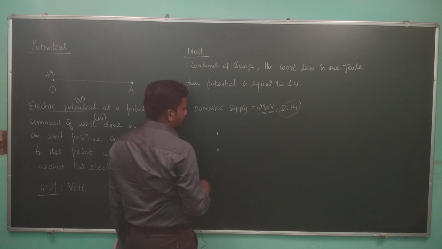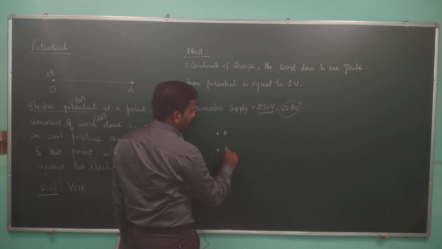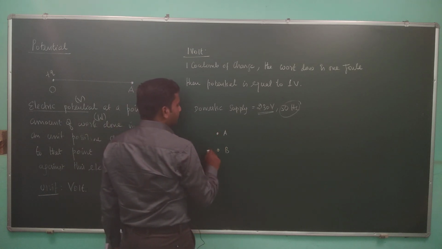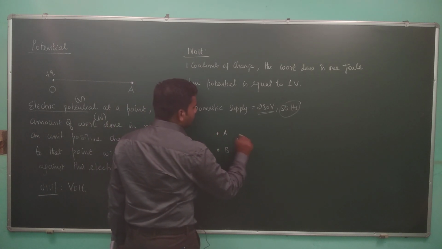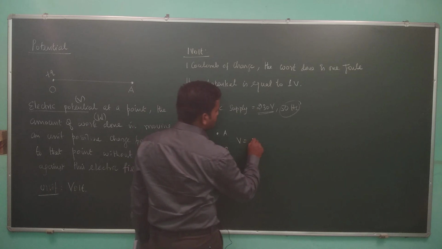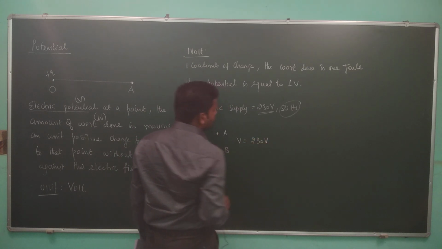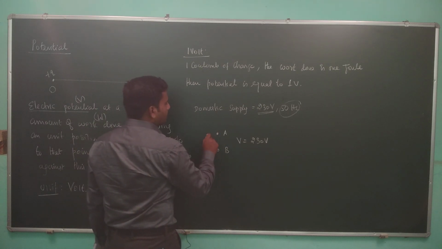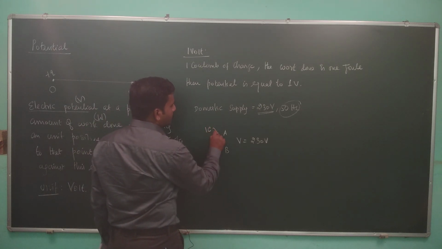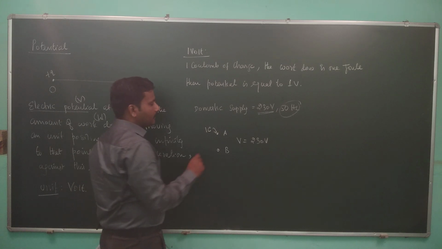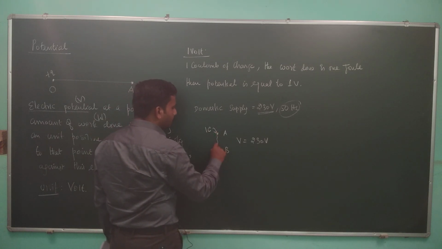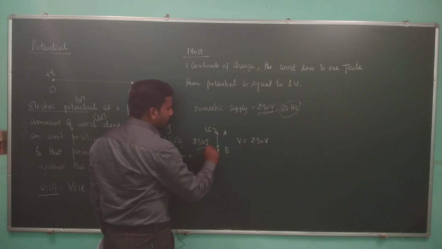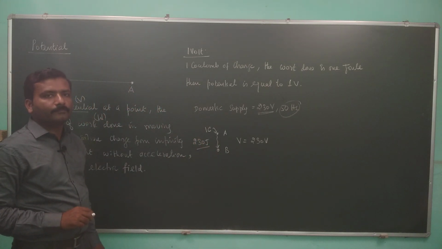There are 2 points, A and B. Now, if the potential is said to be 230 volt, it means that if there is 1 coulomb of charge at point A, to bring this to point B, we need to spend 230 joules of energy.